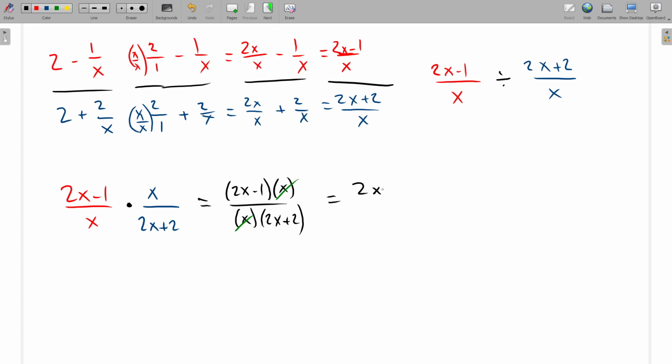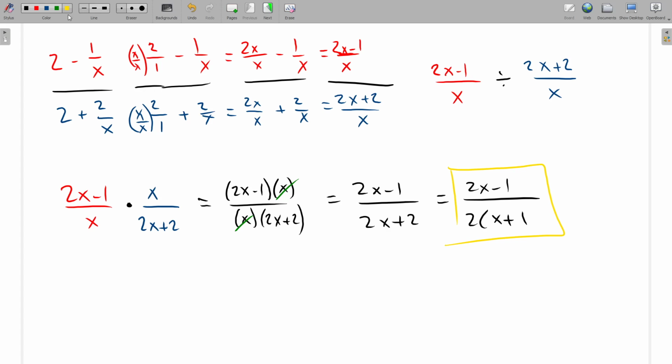So this would be 2x minus 1 over 2x plus 2. And to simplify completely, we should go ahead and factor the denominator by factoring a 2 out, and having 2x minus 1 over 2 times x plus 1 as our final answer.